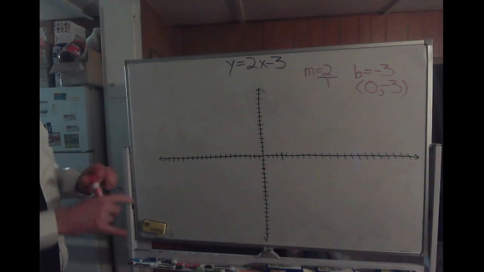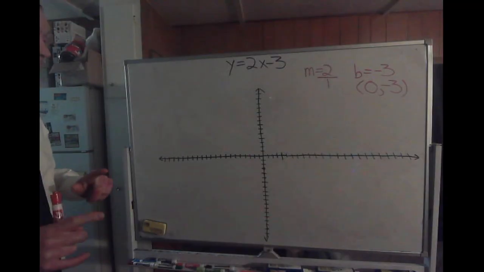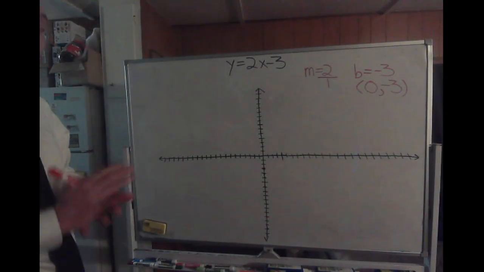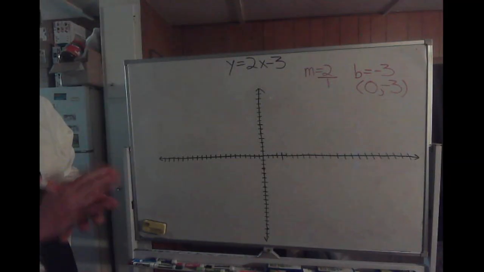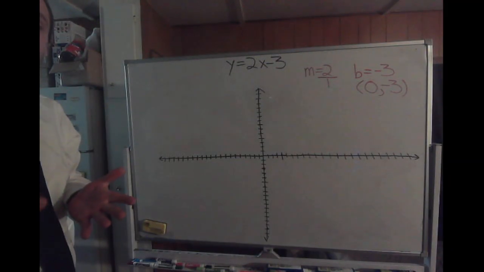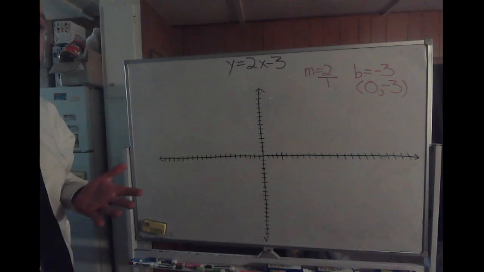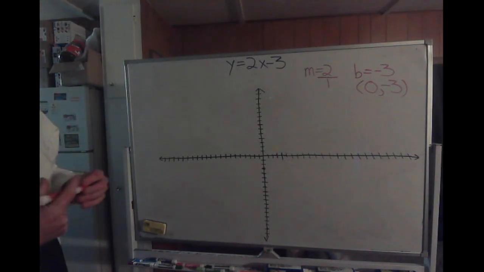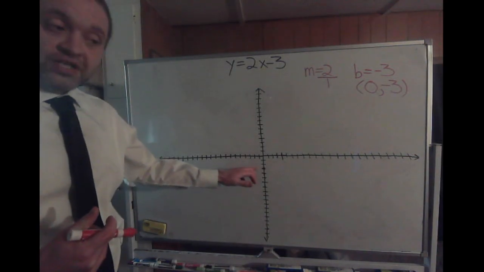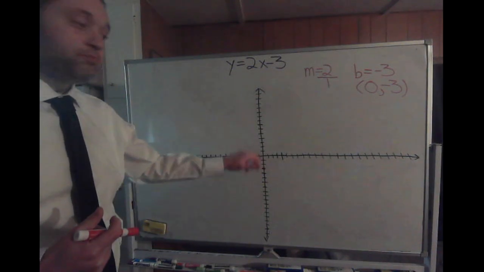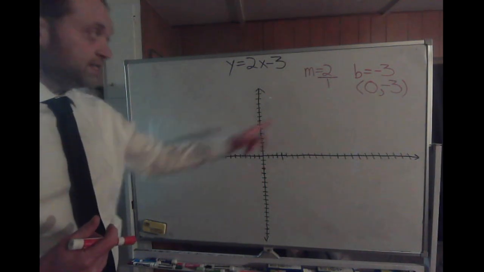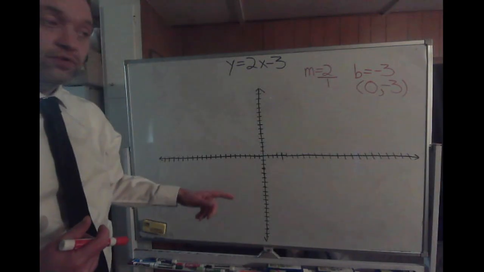Now, this is where I said put that denominator of 1 in your slope. You're going to see why. Your slope is rise over run. If we remember what the slope is, it's the change in y over the change in x. So to find an additional point and plot it, in this case, your slope is 2 over 1, right?